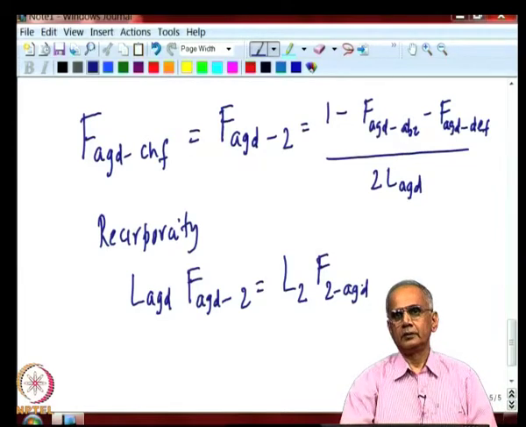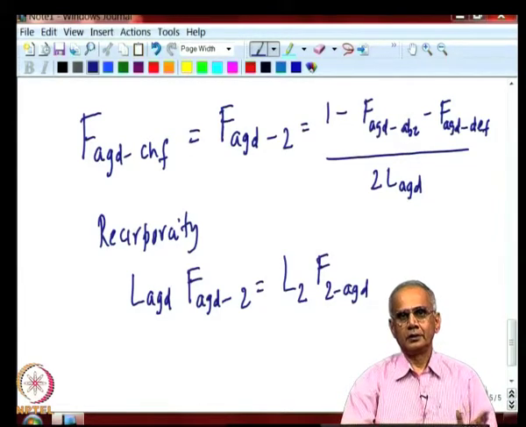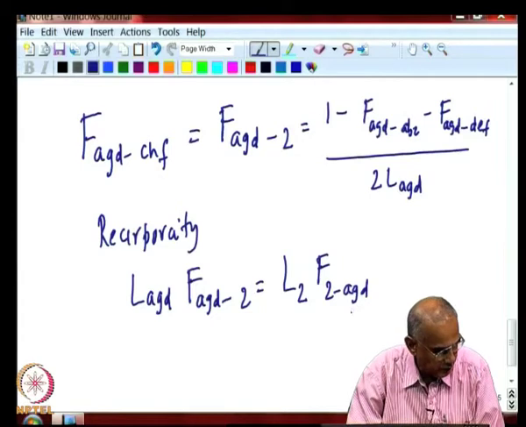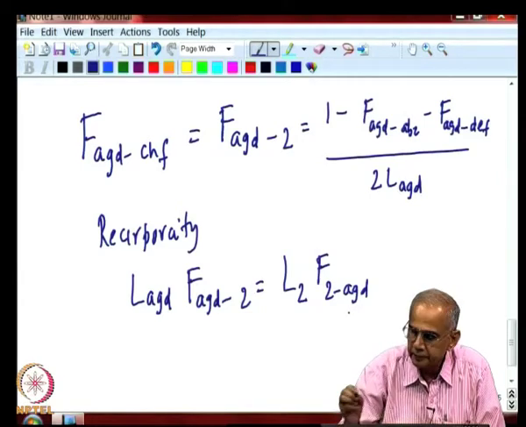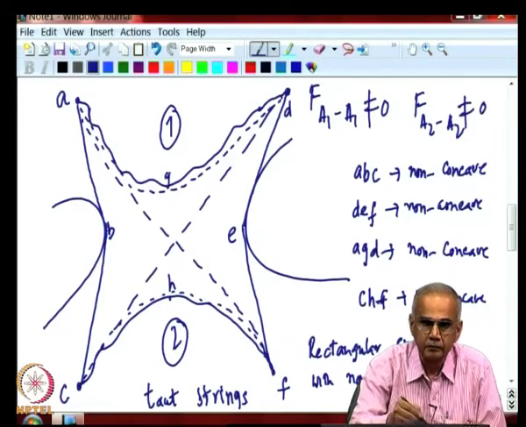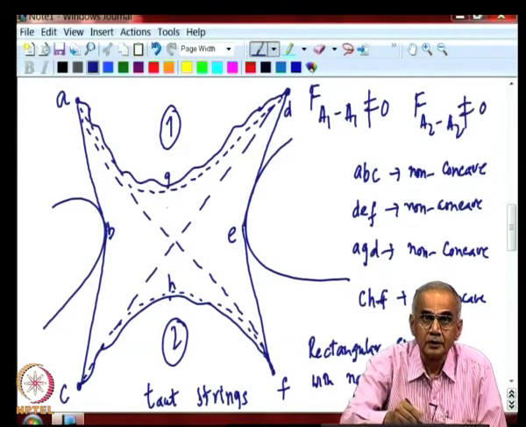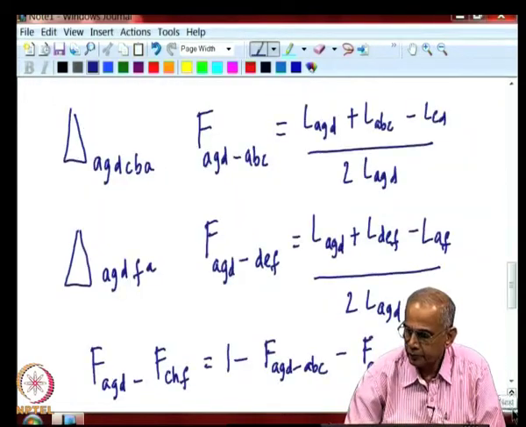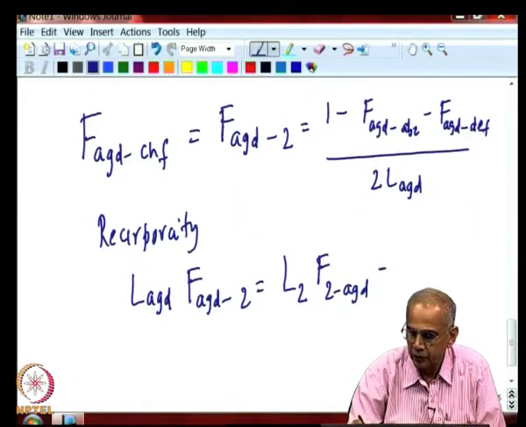It is always valid between any two surfaces. Now, when you calculate F 2 to AGD, whichever radiation reaches AGD from 2 has to reach 1. Once it crosses this imaginary surface, it has to reach 1. So, therefore, we have reached our final goal, L2 F21.